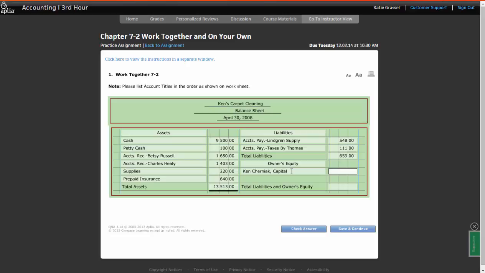So do not take $11,810 and put it there. You have to take $11,810, add $1,899, which is your net income, and then you need to subtract $855. $855, again, is our drawing amount. Okay, so do not take that 11,000 number and put that in there.